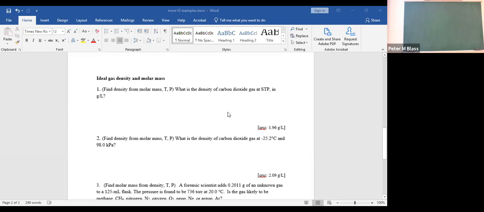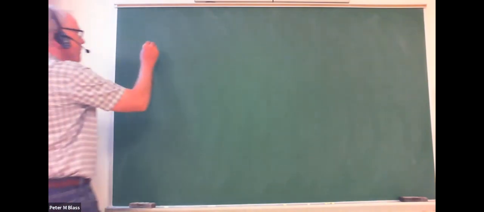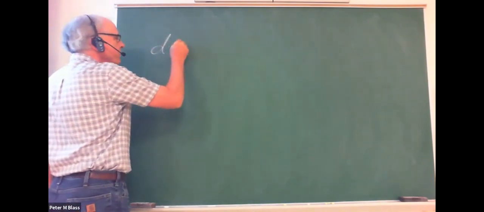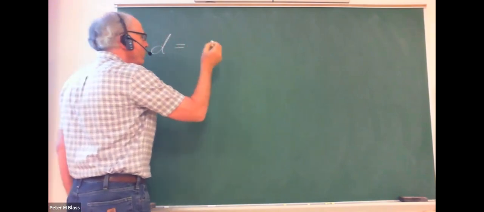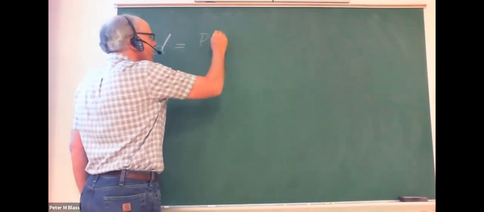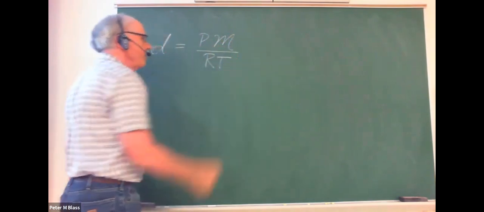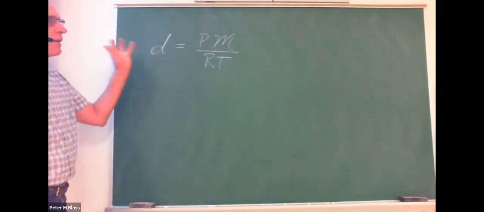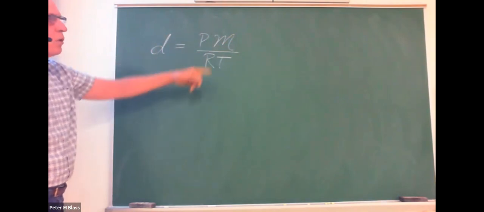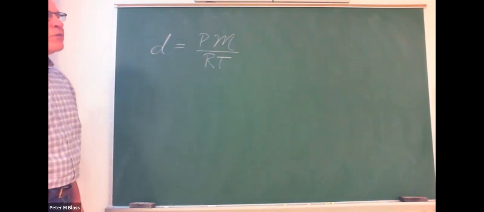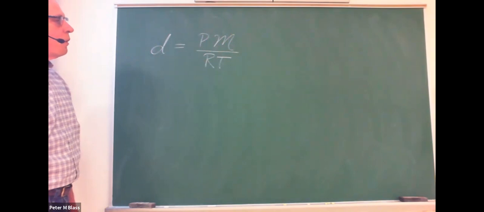Oh, well, that's easy because I happen to know the molar mass of carbon dioxide, don't you? 44.01, right? So we'll use this one because it asks for density. It's P times the molar mass over RT. All right, and they asked about STP, and I know the molar mass for carbon dioxide. It's 44.01 grams per mole.